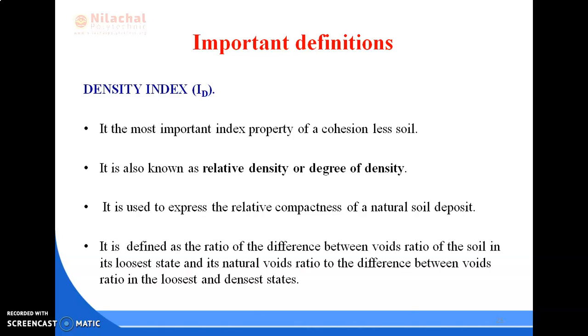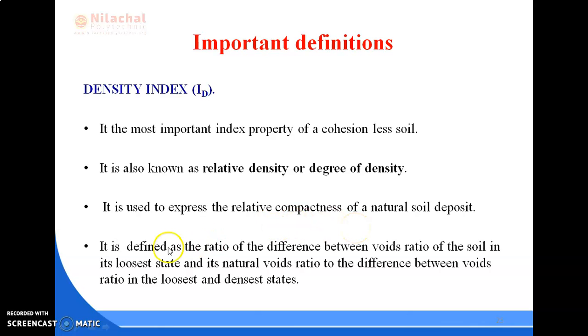Cohesionless soil, the best example is sand, and cohesive soil example is clay. It is also known as relative density or degree of density. It is used to express the relative compactness of a natural soil deposit.